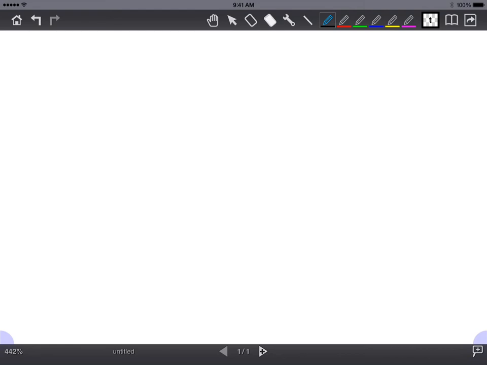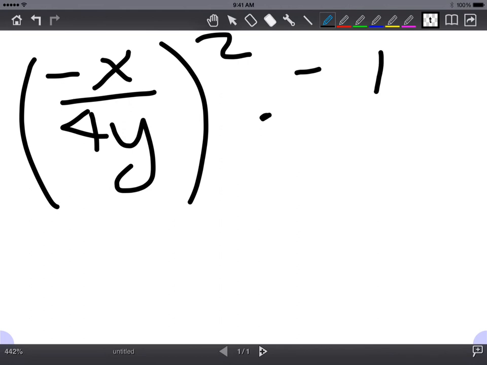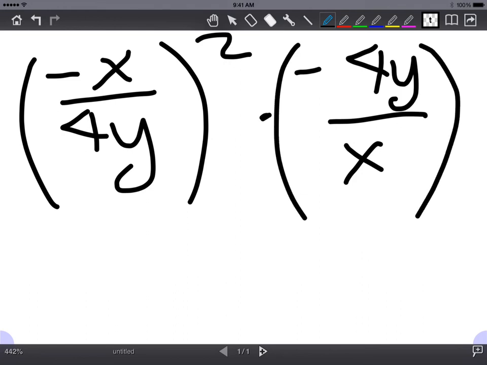Number 4, negative x over 4y, whole thing squared, into negative 4y over x. Okay, so we can just square this straight off the bat.